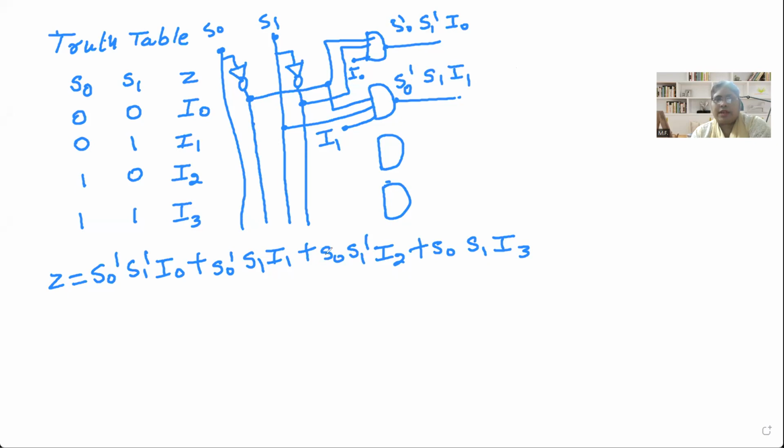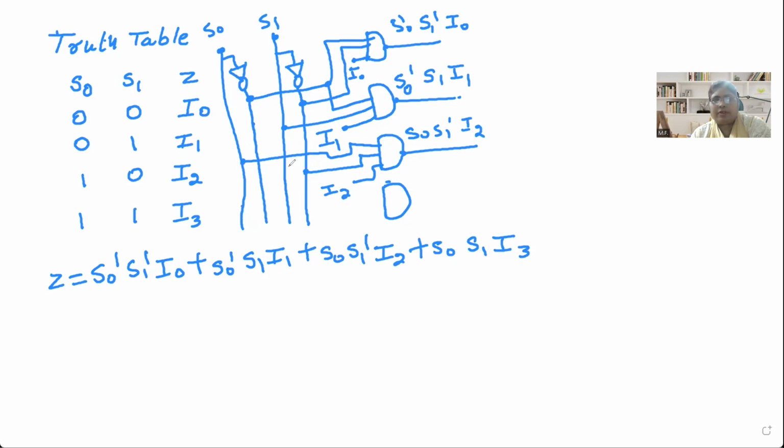Now next is S naught S1 dash. So here I'm connecting S naught. This is S naught, then S1 dash is required to connect, and last one is I2. So the output of this becomes S naught S1 dash I2, and last one is S naught S1 I3.